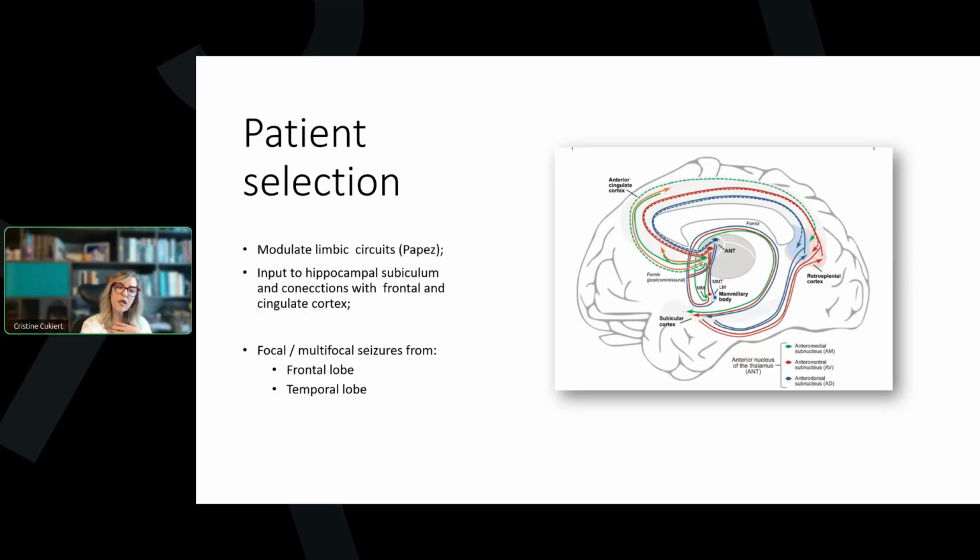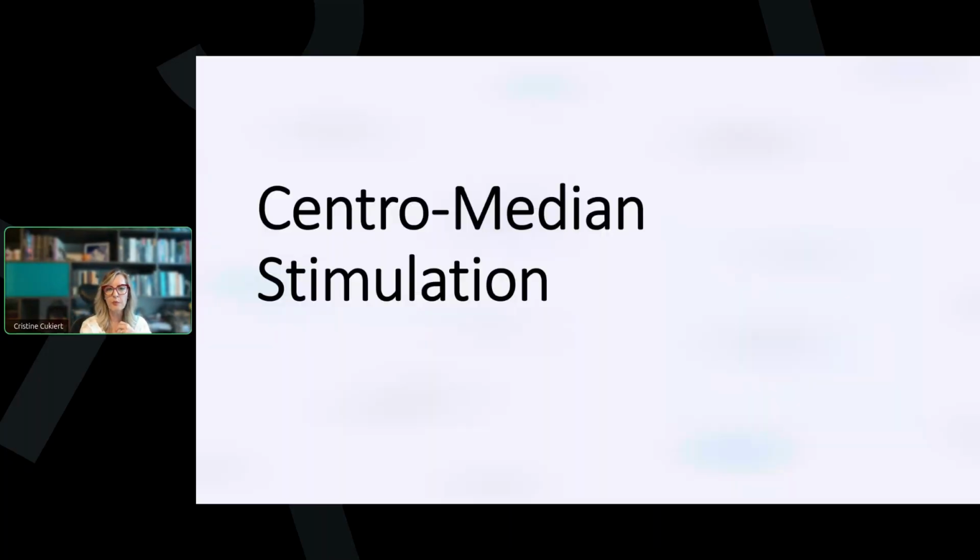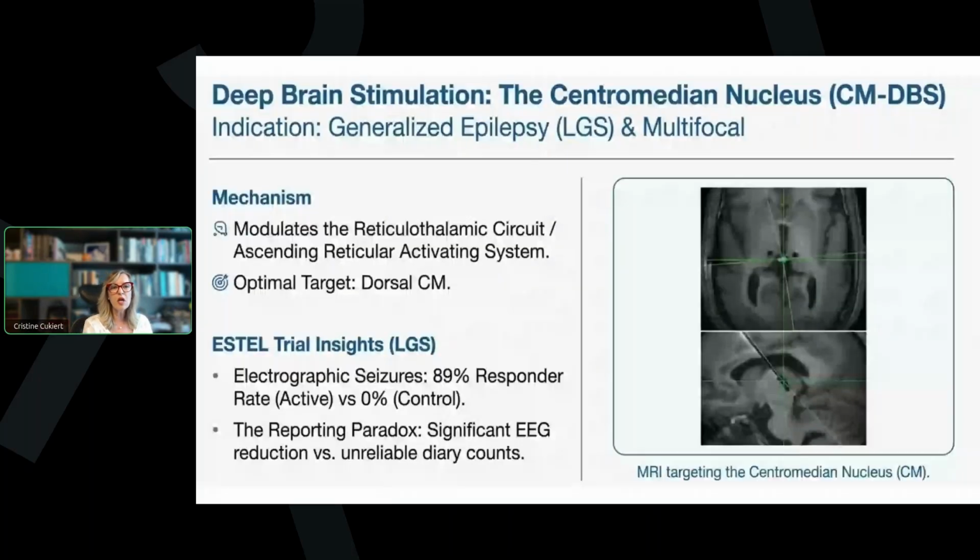In our center, we don't put it in the temporal lobe because we target the DBS strictly to the temporal. So the centromedian stimulation, as I mentioned before, is for generalized epilepsy or multifocal epilepsy, especially for the modulation of the reticulothalamic circuit, and also activating the ascending reticular activating system.